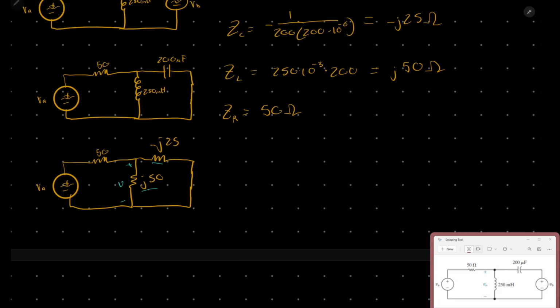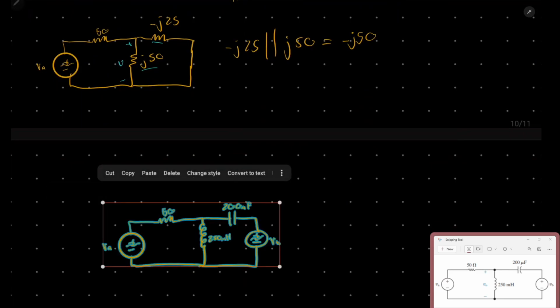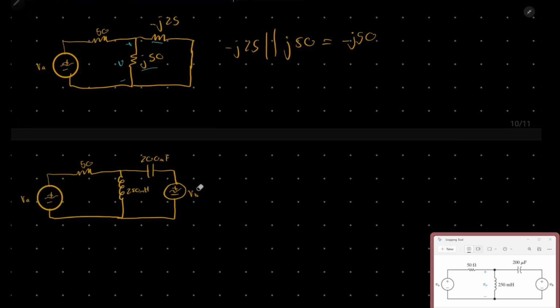So we can just calculate those in parallel, which will be equal to negative 50J over 50 minus 50J. So we can rewrite our circuit, keep this, write the value we just found, and this is our new circuit.